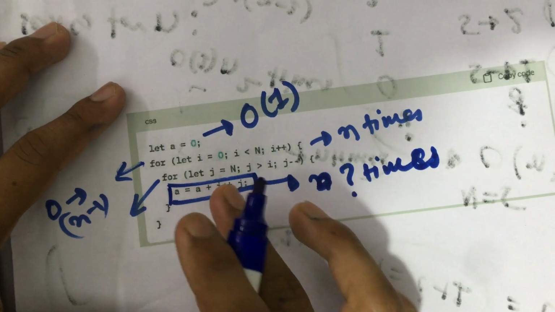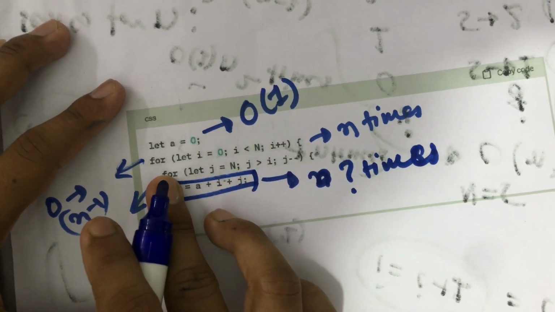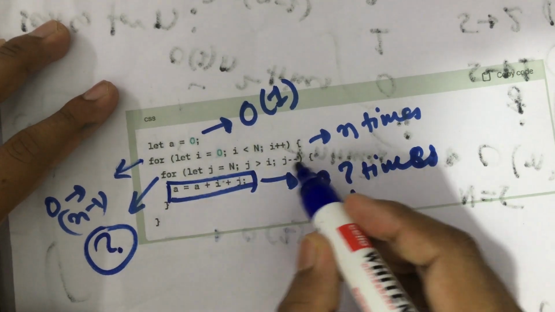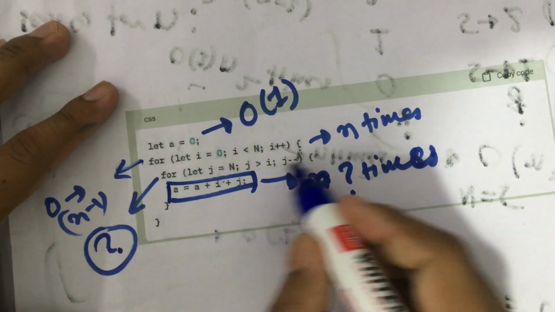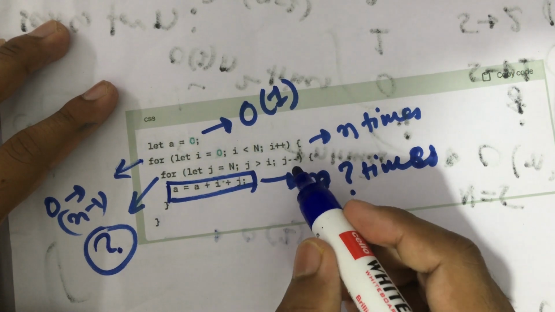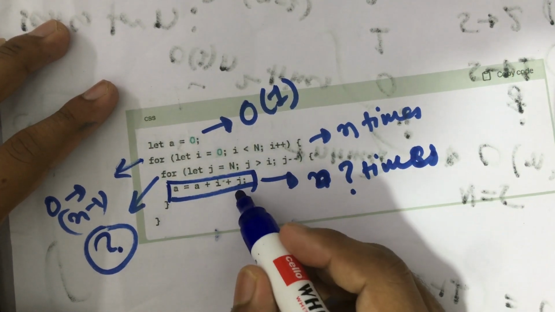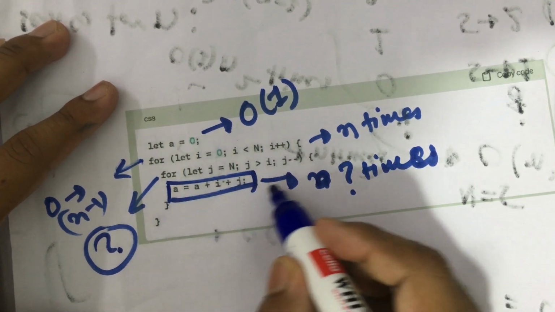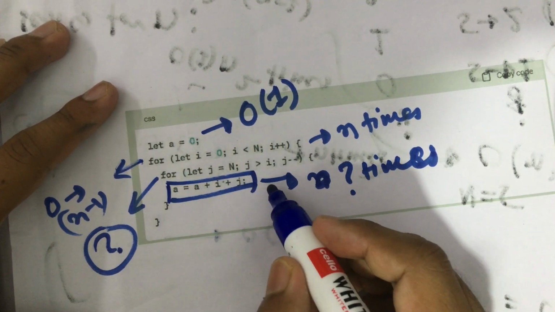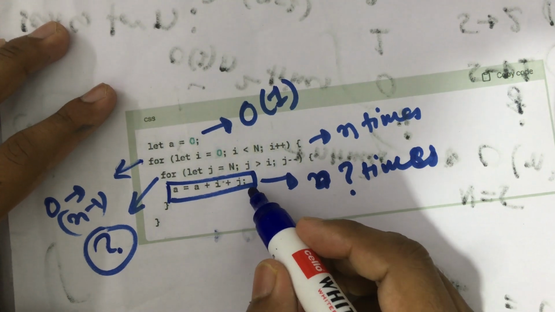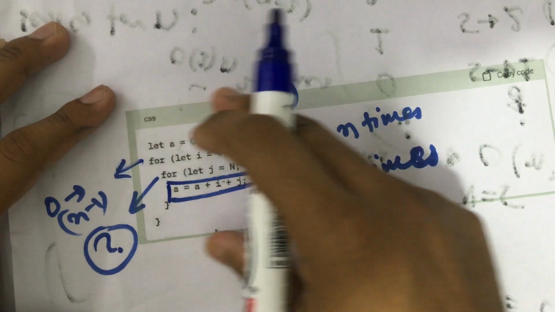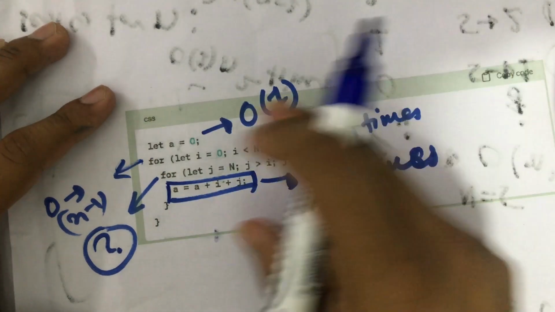If we are able to find how many times this nested inside for loop will execute, we will be able to find how many times this statement will execute. Why is this so important? Because this will decide the overall time complexity of this fragment, this snippet of code.